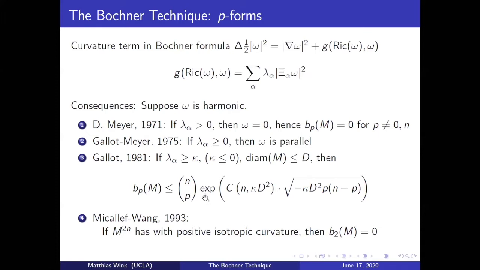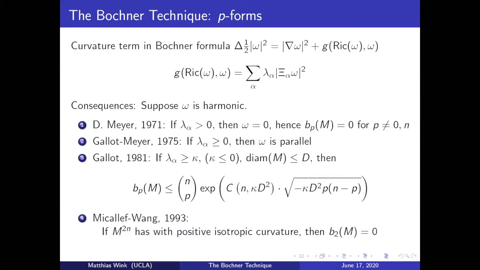So really, what we get is e to the 0, which is 1, and we get the optimal bound on the Betti numbers, n choose p. Optimal because for the torus, obviously, we get equality. Great. So these are the classical results from the Bochner technique that we aim to generalize further in this talk.